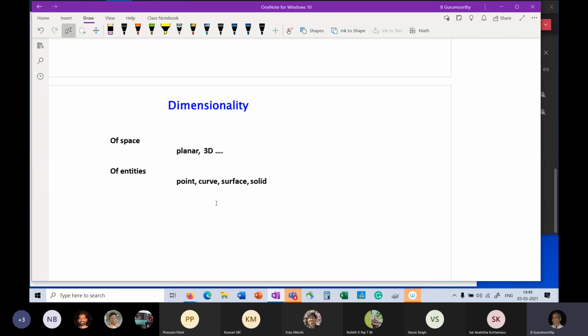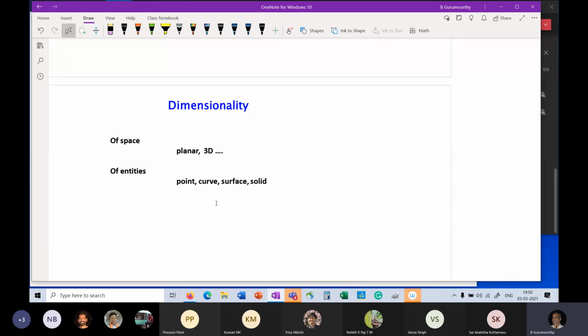Already you have seen me talk about space entities, right? And in the first class, we said that we will cover the material in this class in increasing order of dimensionality from line curves to surfaces to volumes, 1D, 2D, and 3D. Right? So we make this distinction of dimensionality between two types of dimensionality.